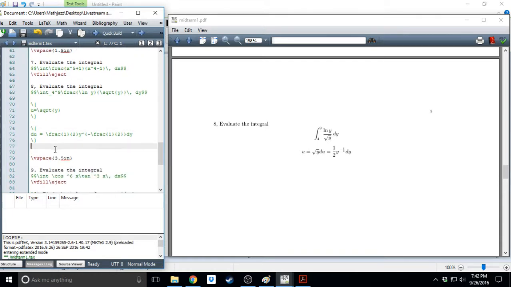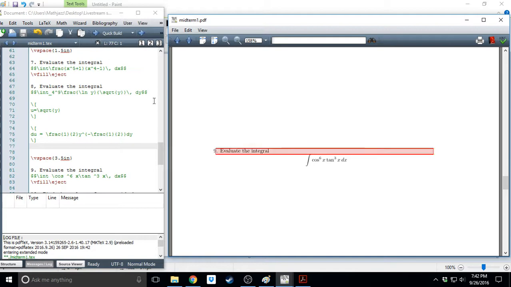So it's going to be this, and it's going to equal this.